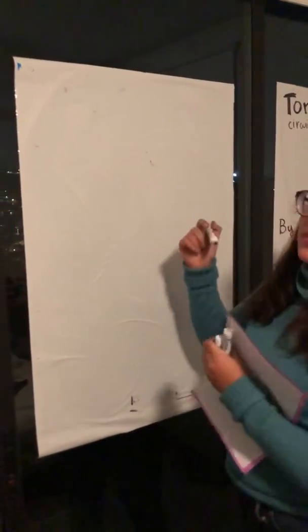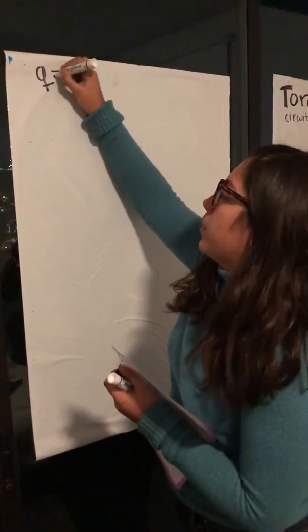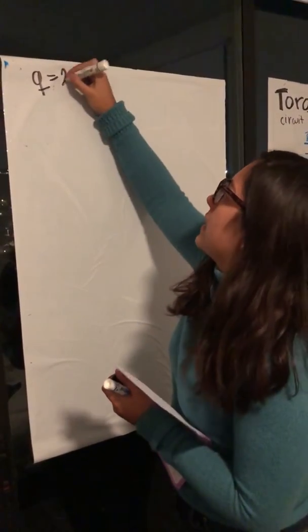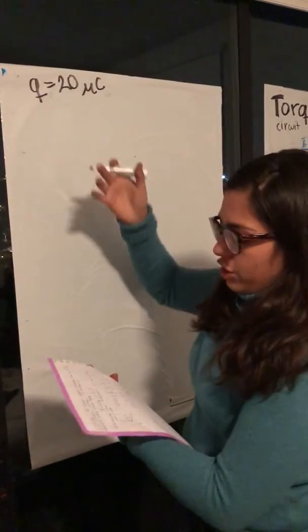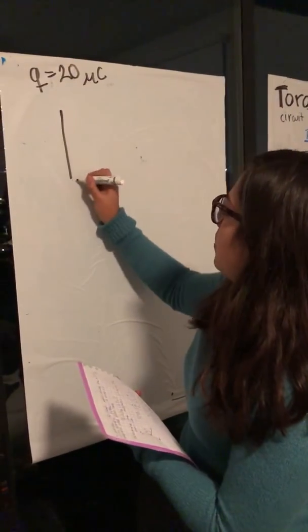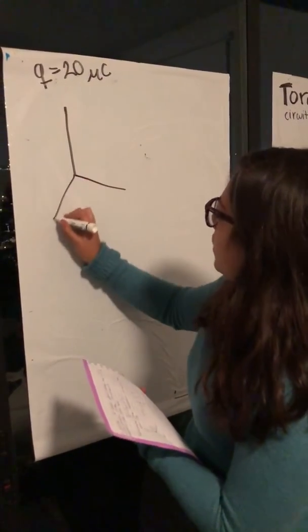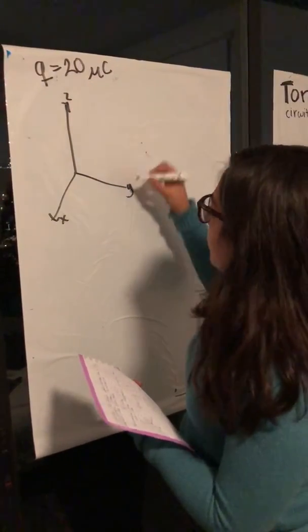So in the problem, they've told us that a charged particle has 20 microcoulombs of charge, and it is moving on the x-axis. This is the x-axis. See?